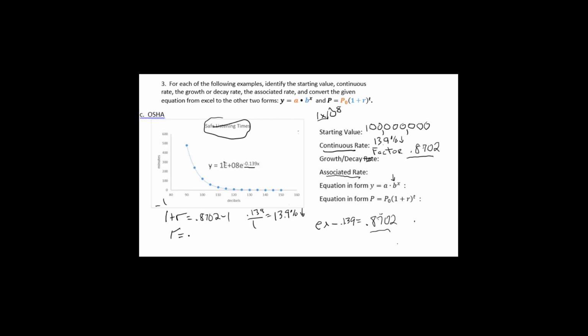And I'm getting negative 0.1298, and so that would be over 1. It's negative, so it's decreasing. Move the decimal 2 places, I get 12.98%. So that would be my associated decay rate, 12.98%.